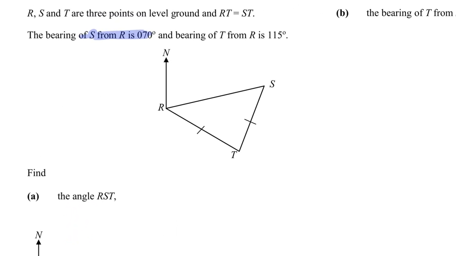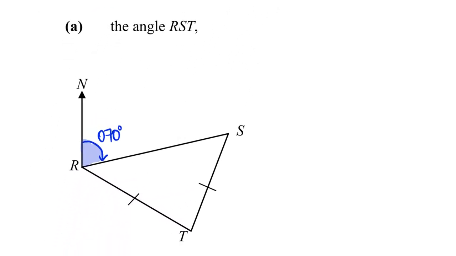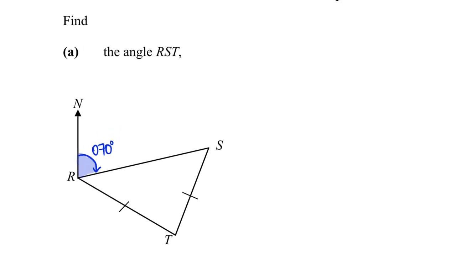Next, we are also given the bearing of T from R is 115. So if I zoom in here again, from R, if I were to zoom in to T, you will then see 115.